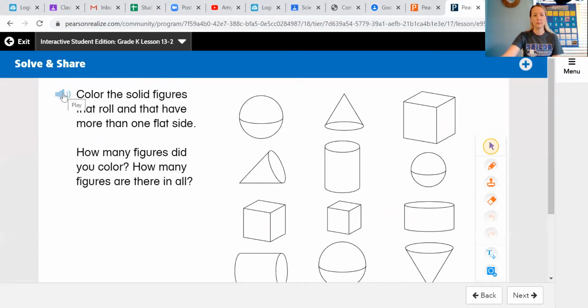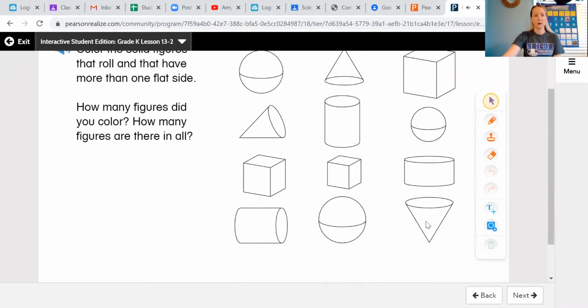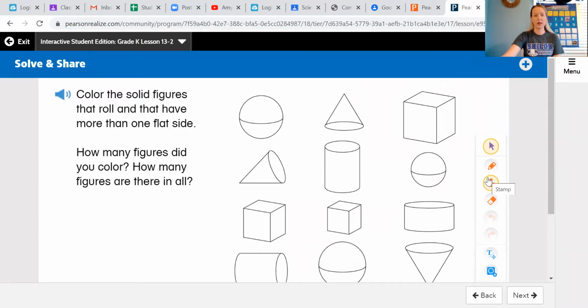All right, let's listen. Color the solid figures that roll and that have more than one flat side. How many figures did you color? How many figures are there in all? All right, so first it says color the solid figures that roll and that have more than one flat side.